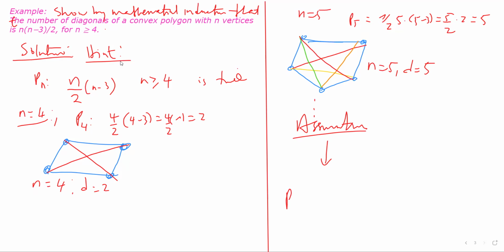If you have Pk plus 1, you should be able to finally show that you will get 1 over 2 times (k plus 1) times (k plus 1 minus 3).